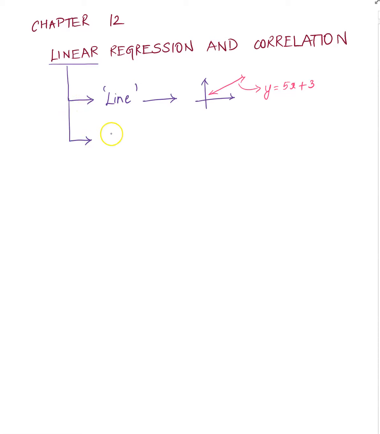So linear regression, I'll just write what I said earlier. Linear regression for two variables is based on a linear equation with one independent variable.